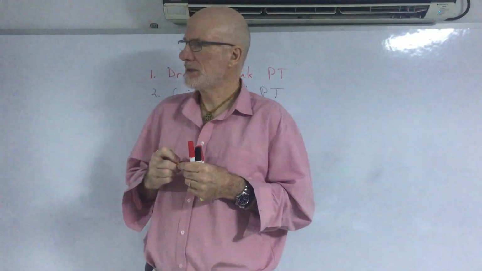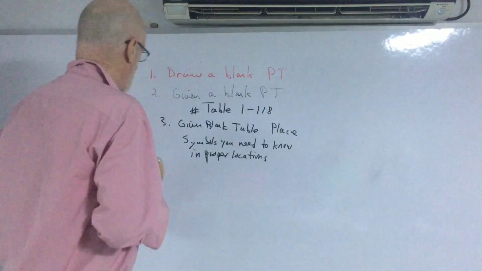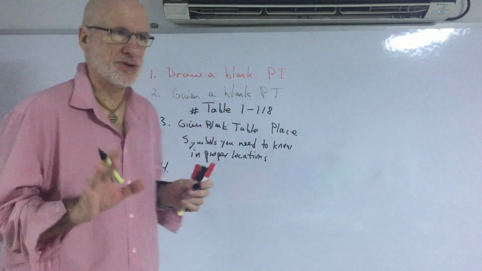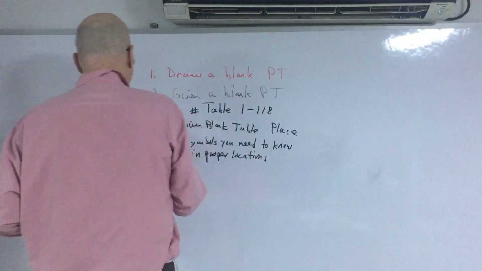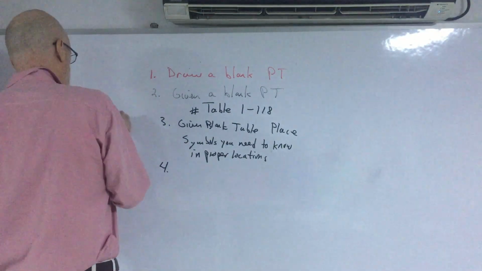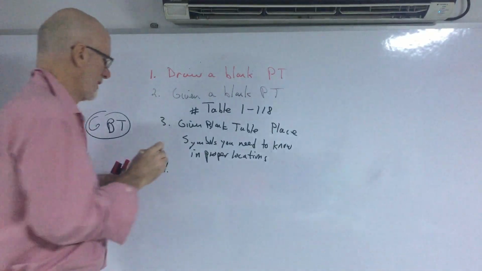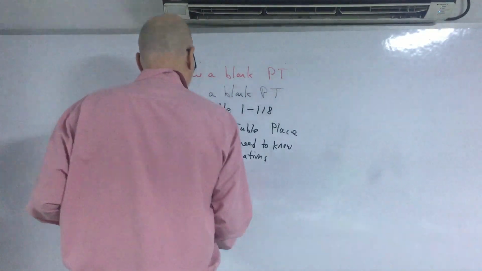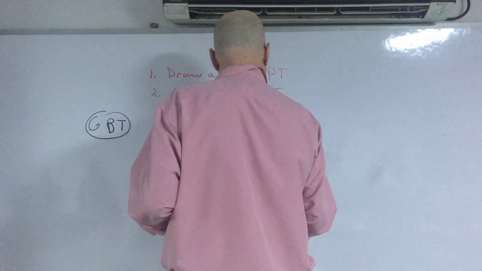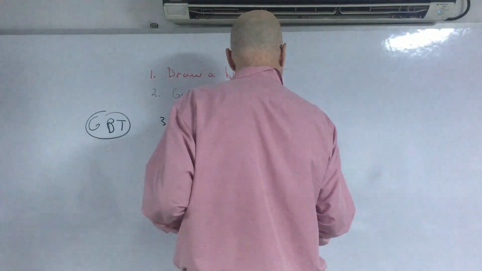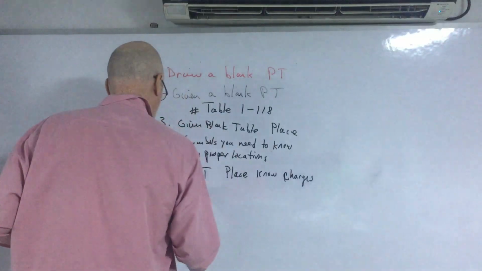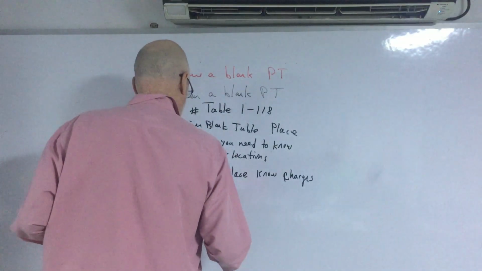Clear? Then we're going to continue. Simple stuff. Then again, given blank table. GBT means given blank table. GBT, you want to place known charges above columns.